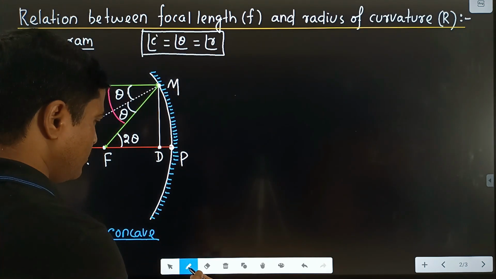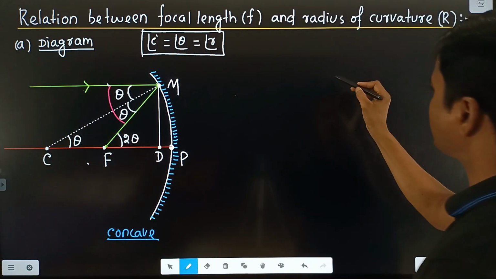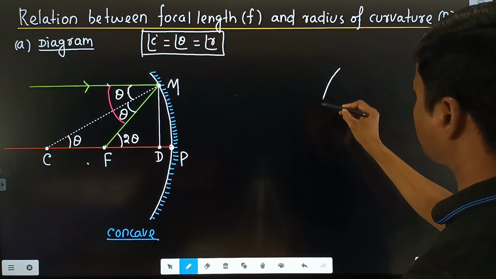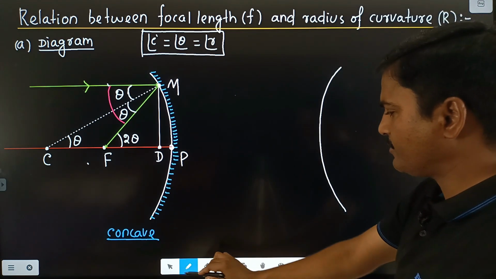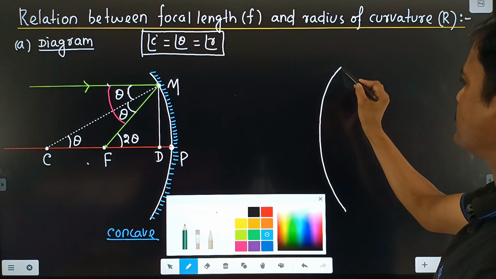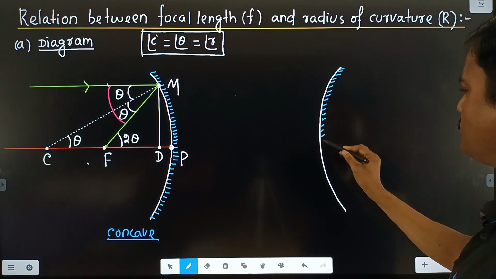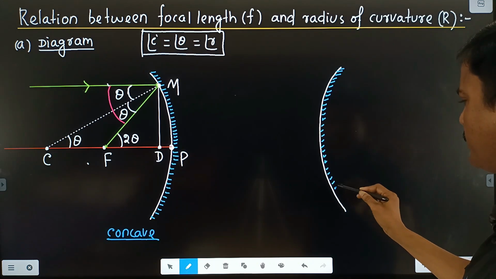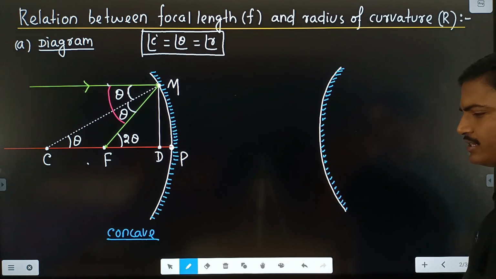Similarly, we draw it for the convex mirror. Here the inner surface is silver coated. This is the inner surface, and it is known as the non-reflecting surface. And the outer surface is the reflecting surface.